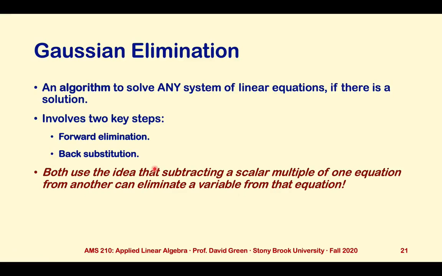Both of these components of Gaussian elimination make use of the concept that we can eliminate a variable from an equation by subtracting a scalar multiple of another equation in the system from the equation we'd like to eliminate a variable from.